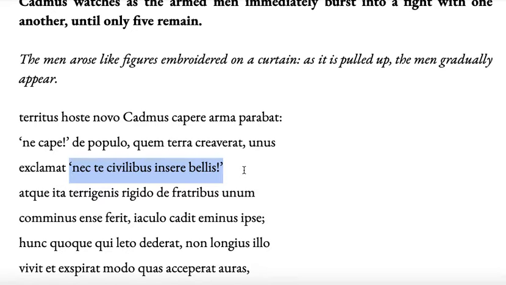So do not insert yourself, put yourself into civil wars. Civilibus bellis. A bellum civile is a civil war. So in other words, it's none of your business. Stay out of it. Right? This is a civil war. It's a war between us, and you shouldn't get involved.